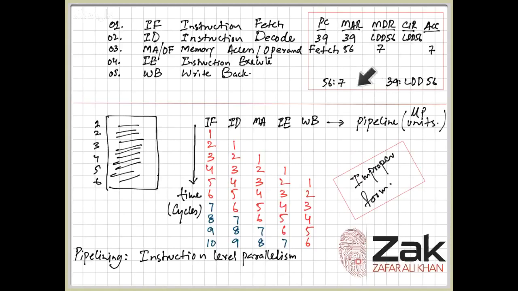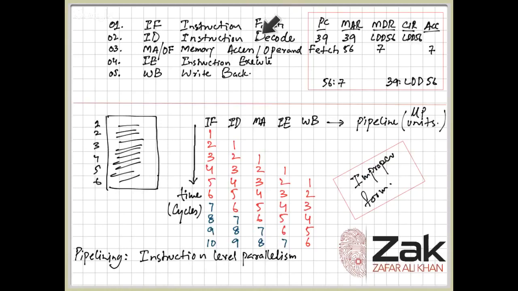So let's say there is an instruction LDD 56 and it is loaded at memory address 39. So the PC bears what? 39. From the PC, 39 goes to the MAR, and the PC becomes 40. The MAR points to the memory location and the instruction arrives in the MDR. And from the MDR it goes to the CIR.